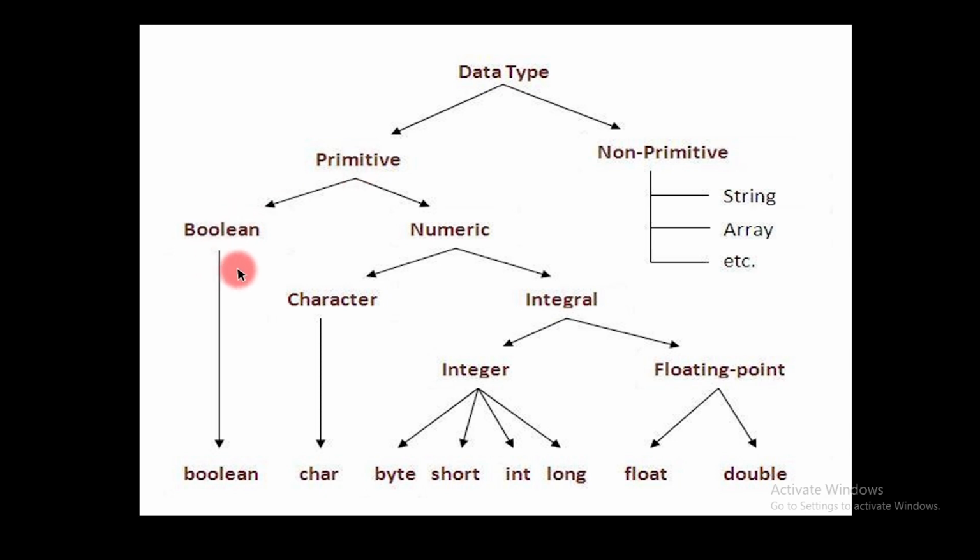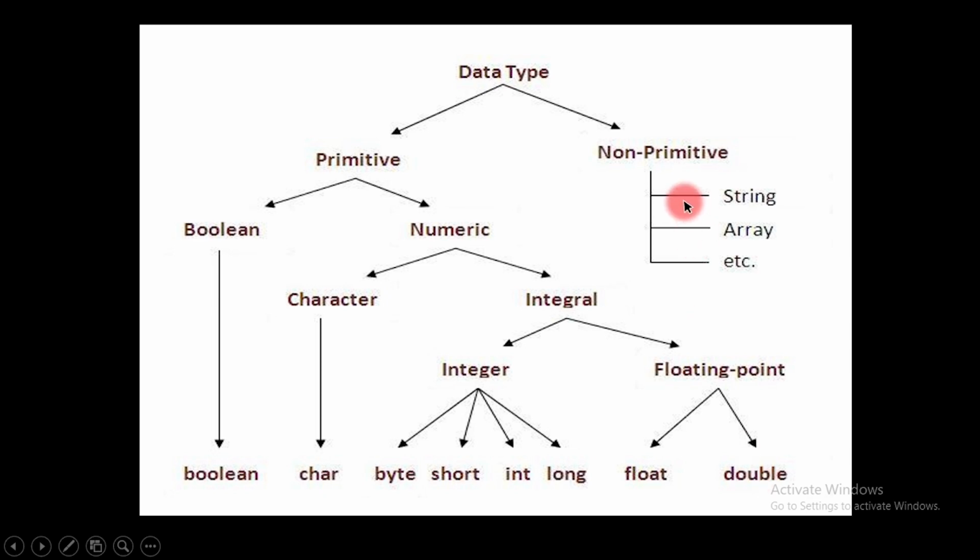We have boolean as a primitive data type, and then we have numeric data types. In numeric we have a character, which holds just one character. We have integral or integer values and floating point number values. In integer we have byte, which is 1 byte, short, which is 2 bytes, int, which is 4 bytes, and long, 8 bytes. In floating point we can store floating point numbers, and float is 4 bytes and double is 8 bytes.